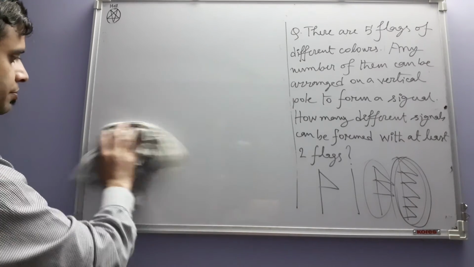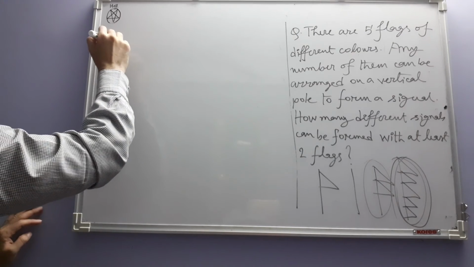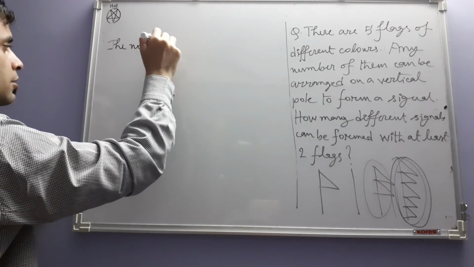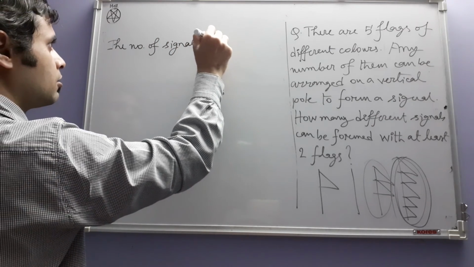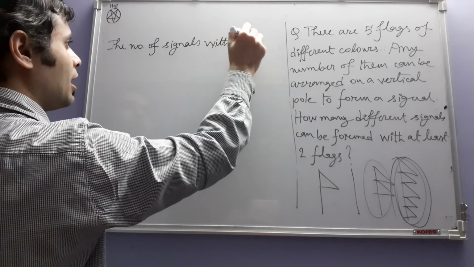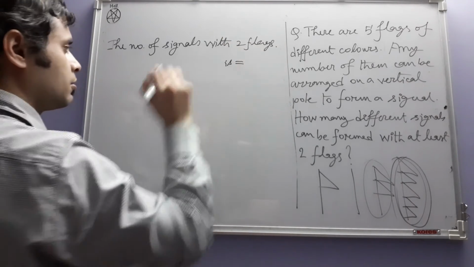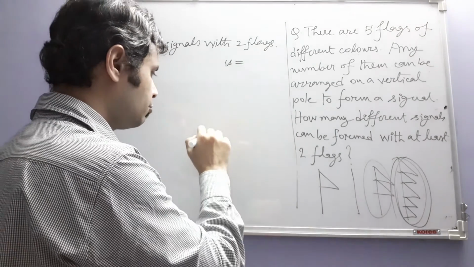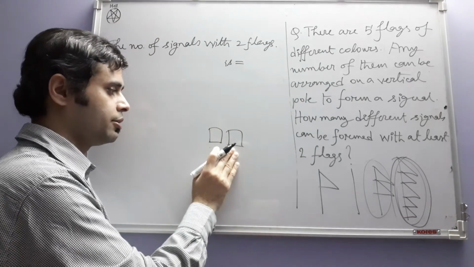Okay, so the number of signals with 2 flags is what we have two places, okay, two vertical places which can be written horizontally also.